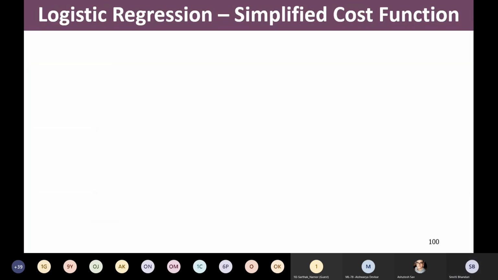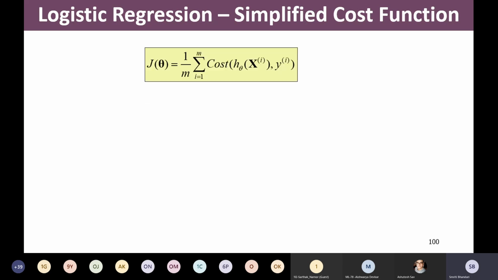So we have defined this cost function with respect to two cases, y equal to 0 and y equal to 1. And that is why we are having two separate expressions as cost functions. But now let us look at the simplified version of our cost function.